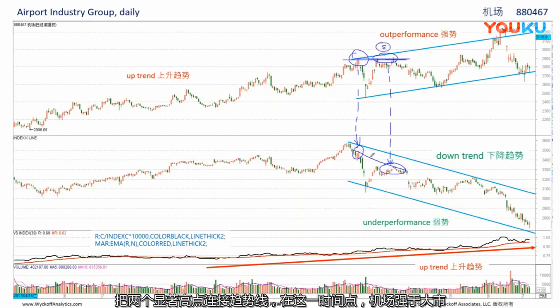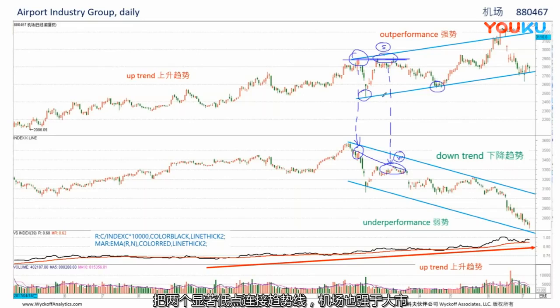It's stronger at this point than the market. The market is weaker. Then we could take a significant low and compare it to the previous significant low and look at the slope and do the same for the market. And we could see that again, the industry group is stronger than the market. The market is weaker.